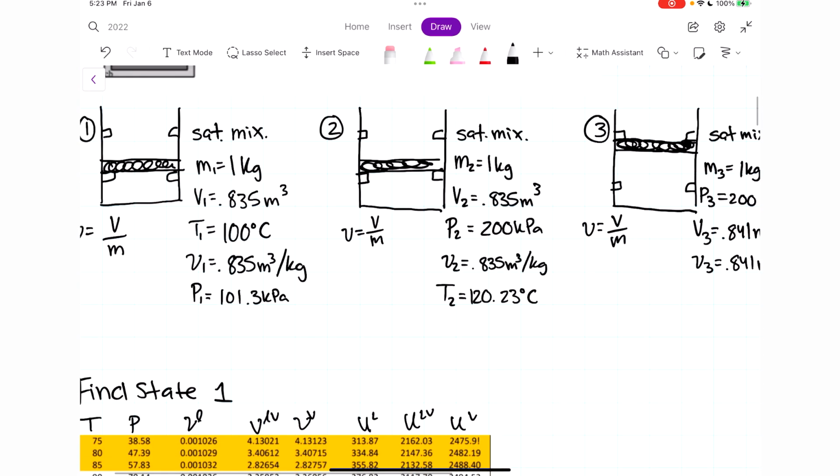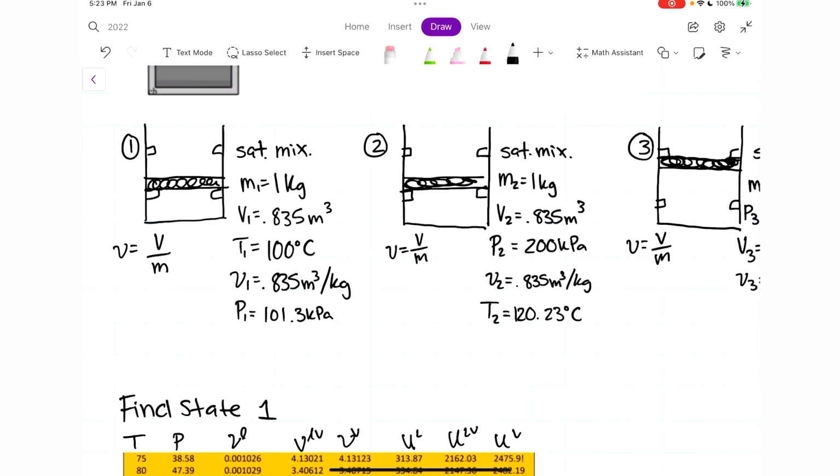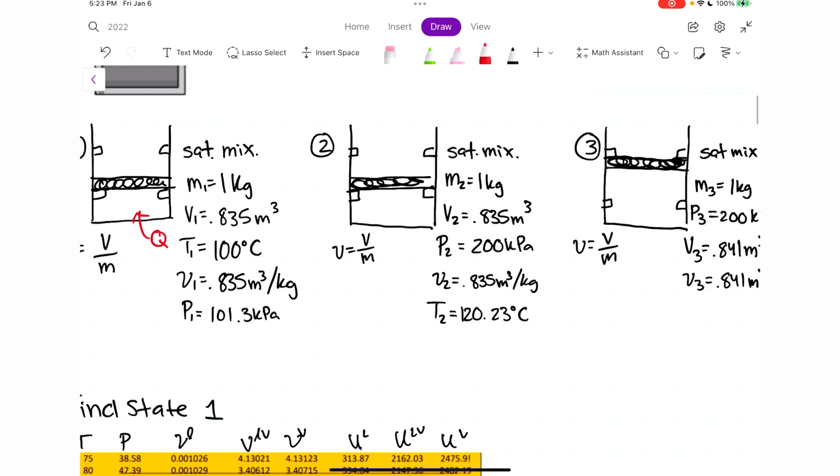Okay? So we started with our state 1, right? Piston's not moving. Piston is still on a set of stops. And then we go into state 2. In order to go into state 2, we added some heat, right? In state 2, the piston is still not moving, but it's about to move because the pressure reached 200 kilopascals, right? Because we added some heat.